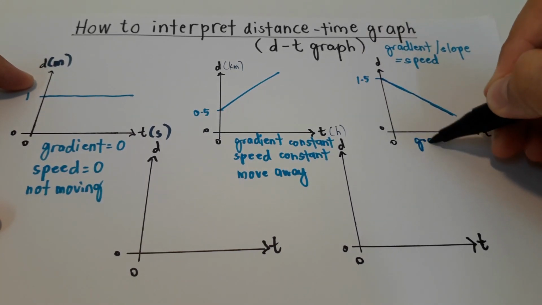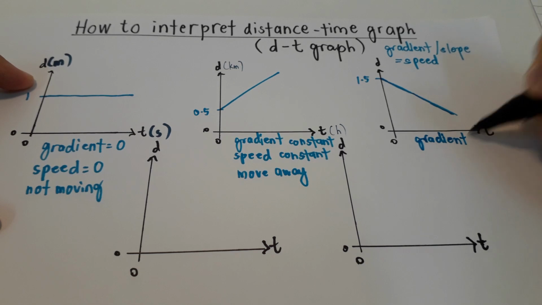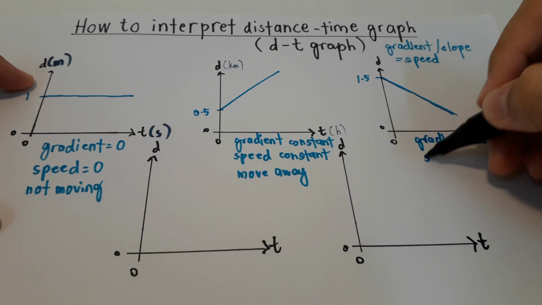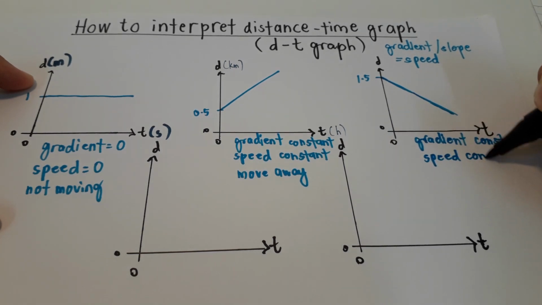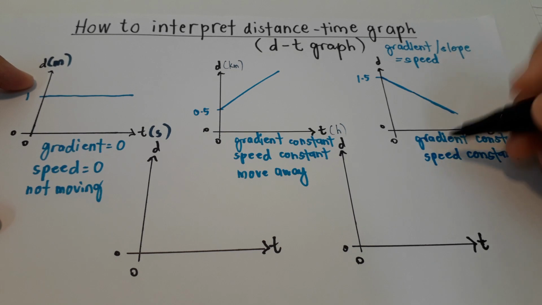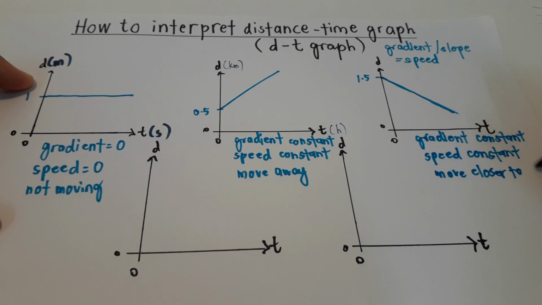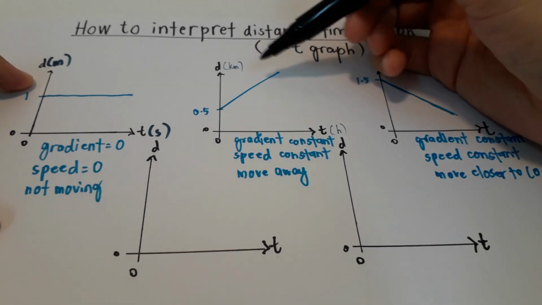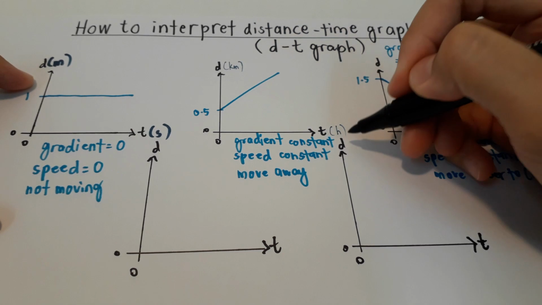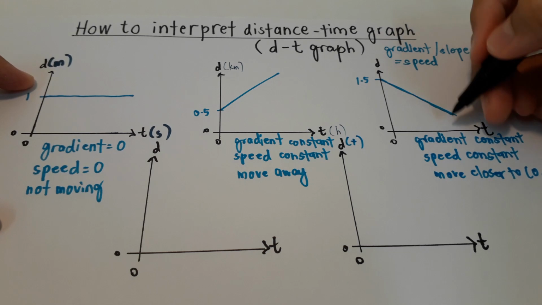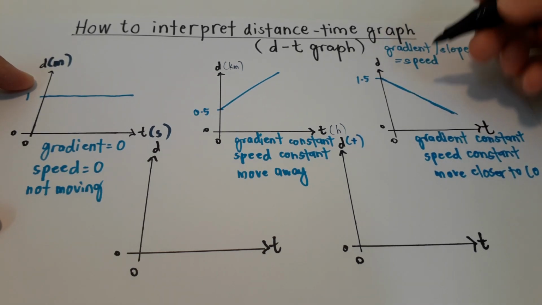The gradient is constant, and the speed also is constant, and it moved closer to the starting point, or we can say 0, 0. If you look at the previous one, the gradient is constant and positive, moving up. This one is also constant, but the gradient is a negative value.